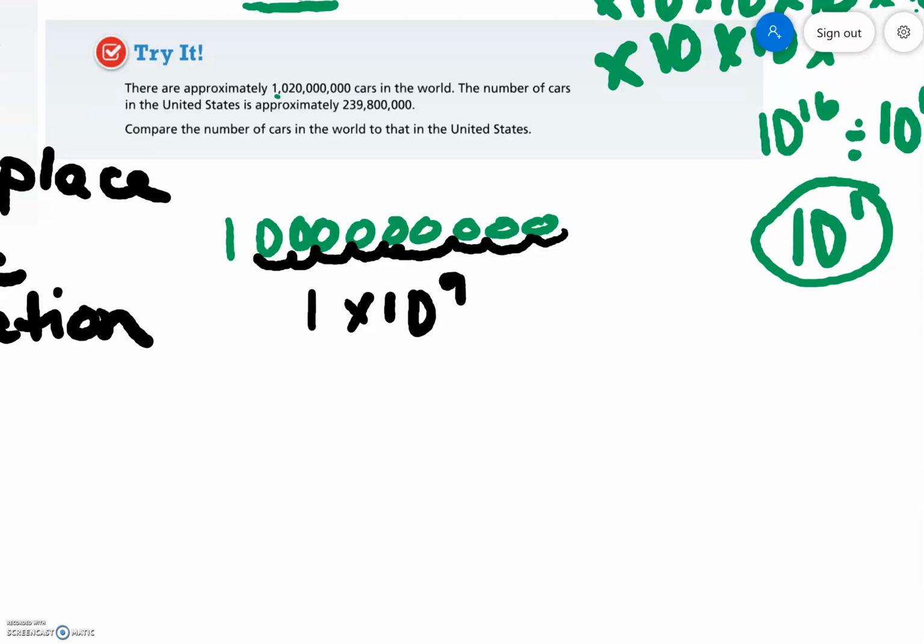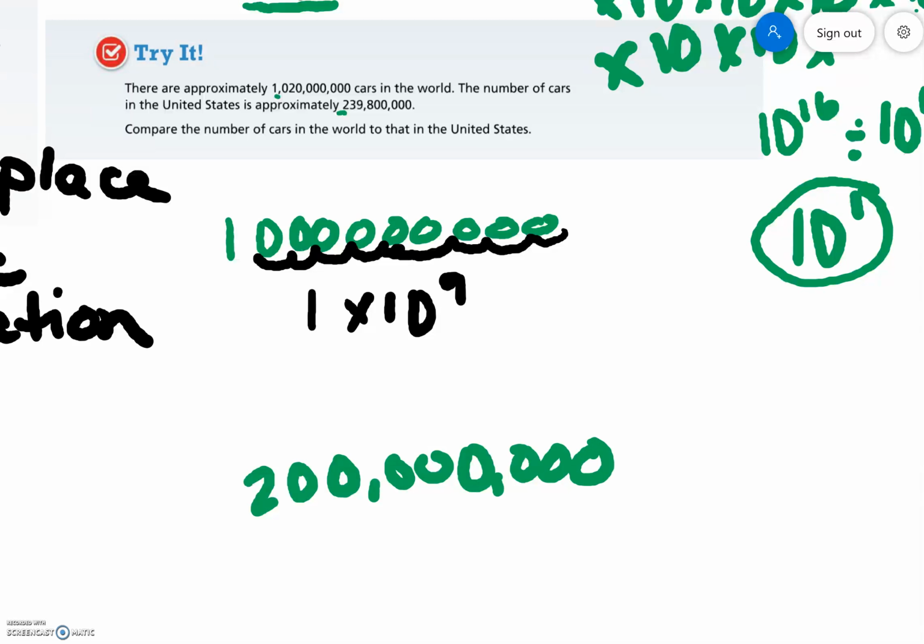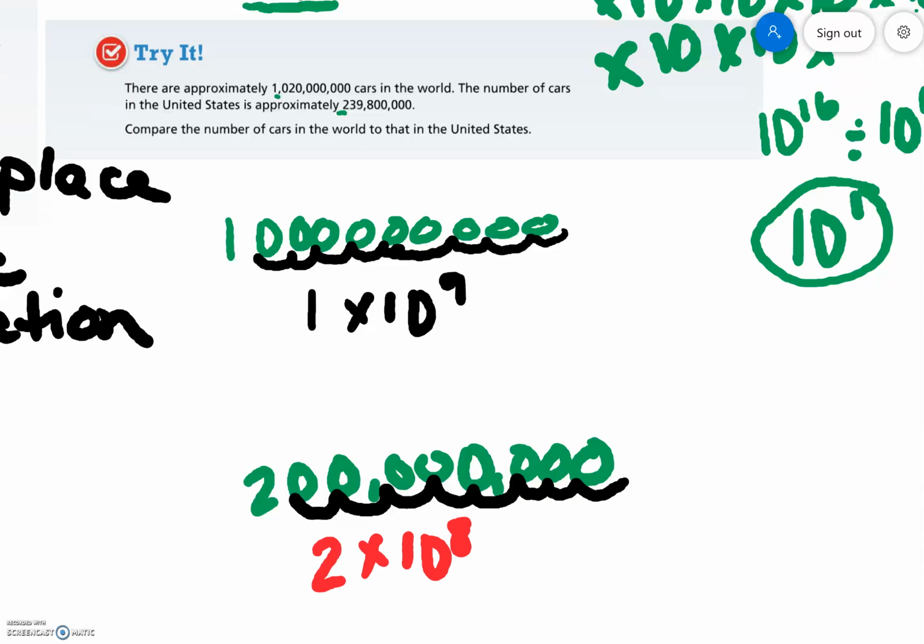Now I'm looking at this 2. Number next to it is 3, so I'm going to keep it at 2. Fill in the rest of the numbers and count the decimal places. 1, 2, 3, 4, 5, 6, 7, 8. So we've got 2 times 10 to the 8th.